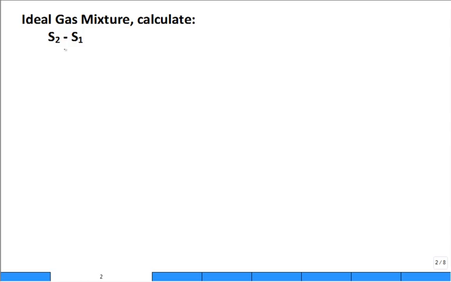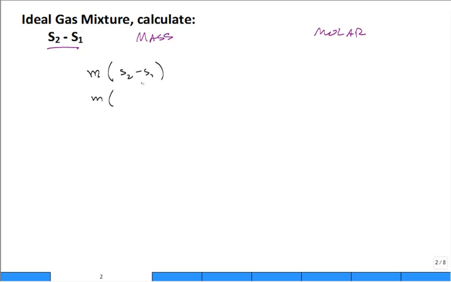So we're going to be interested in calculating the change in entropy of our ideal gas mixture. We'll do it both on a mass basis as well as a molar basis. All right. Mass basis. Let's see if we can work that one out. If I just had one component, I would get the mass of that component, and then I would get S2 minus S1 for that component.